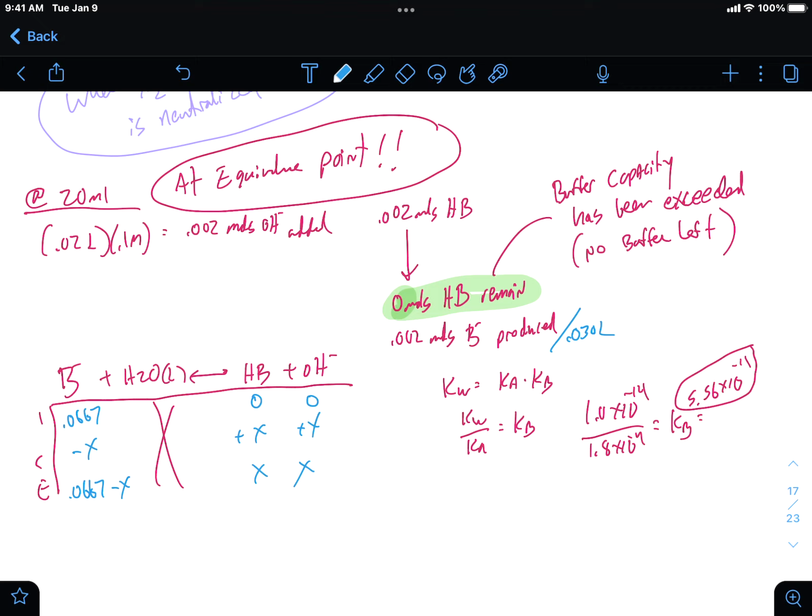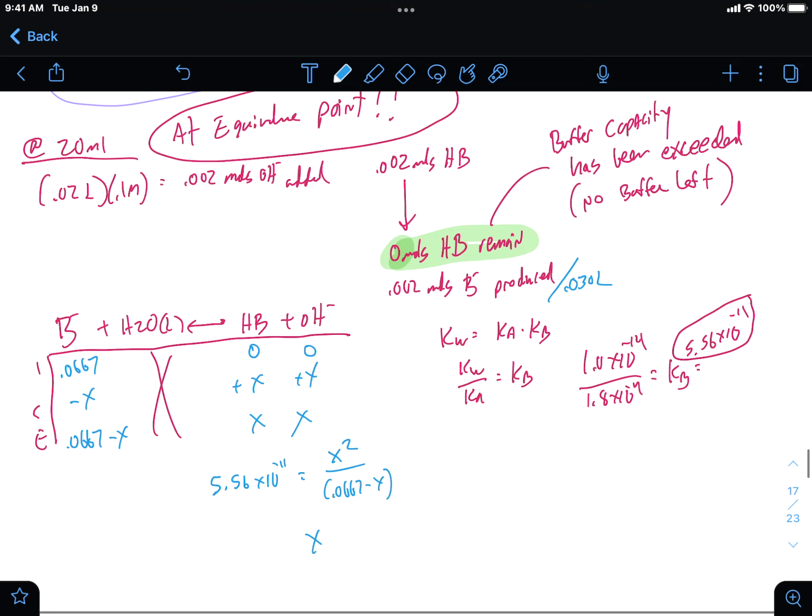We have our KB. Let's solve for X, and of course, very important for you to recognize now that X is no longer equal to H+, because this is no longer an acid.